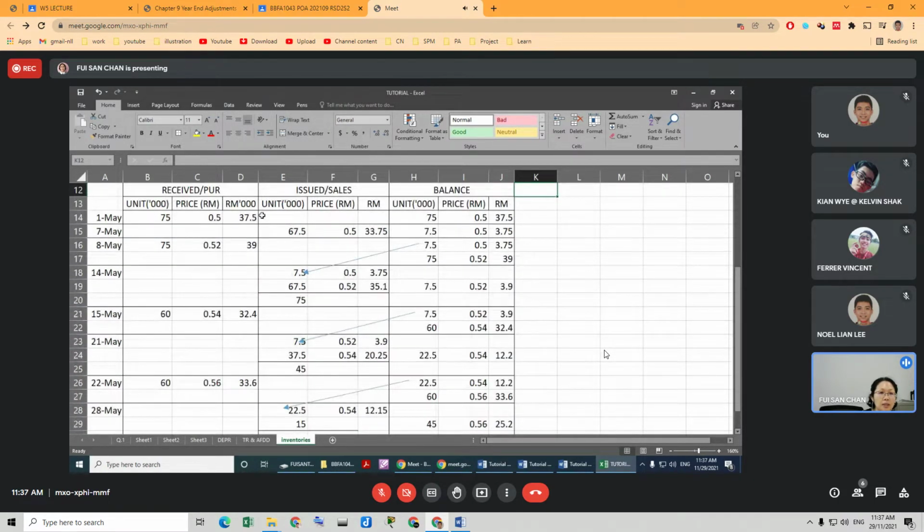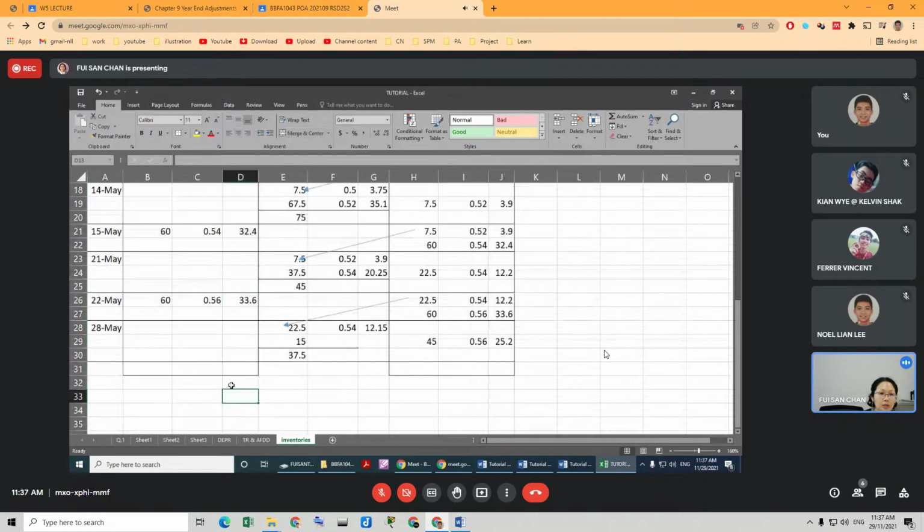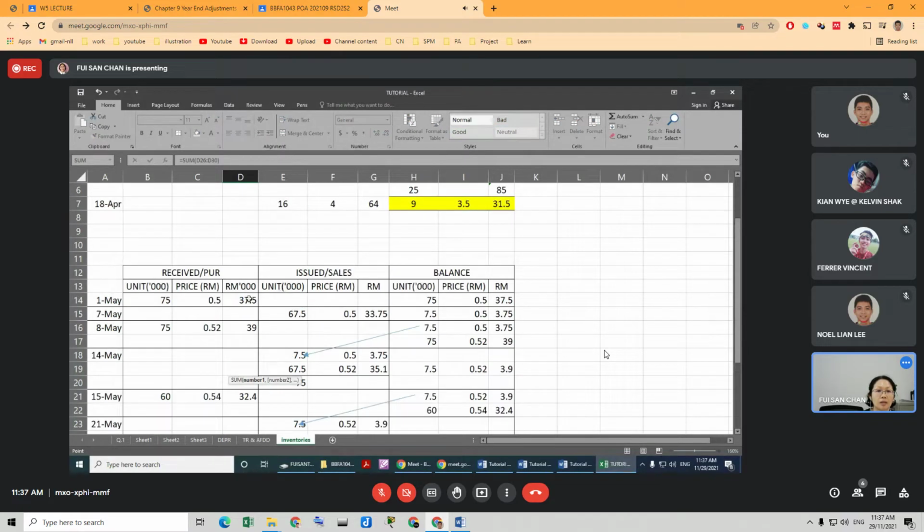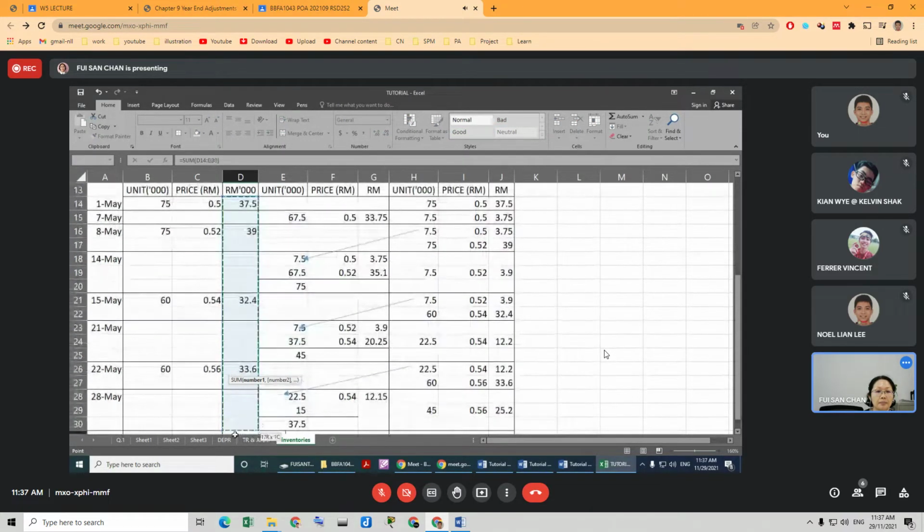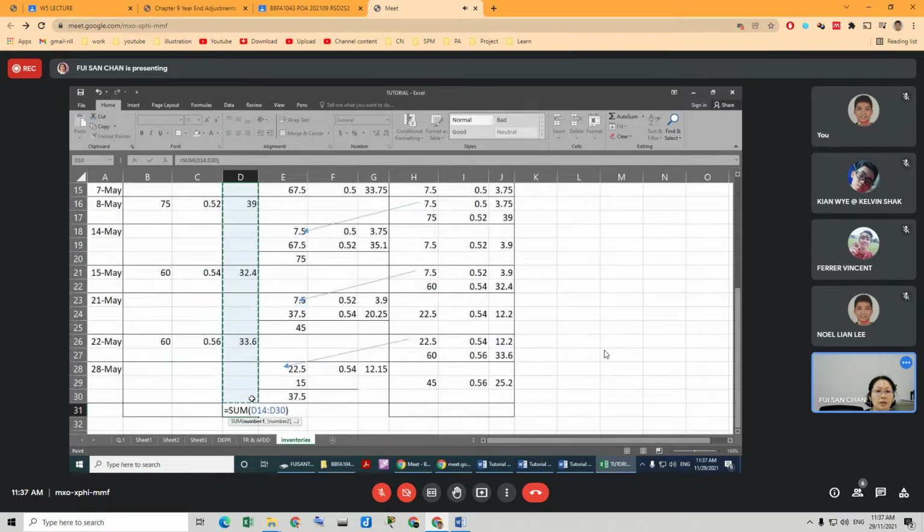Total purchases is basically you add up this column, right? Total purchases in value. So I add this up. So this is my total purchases, 142,500.